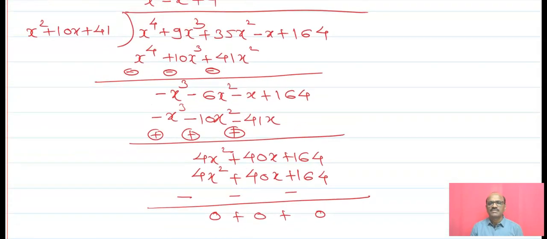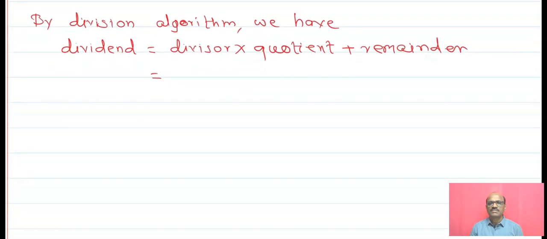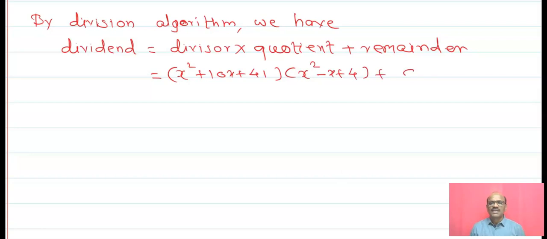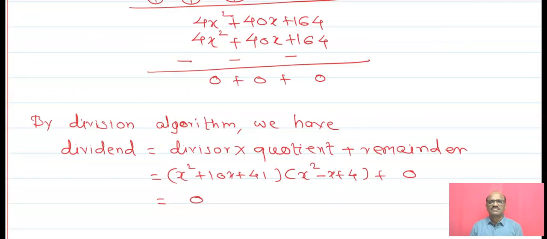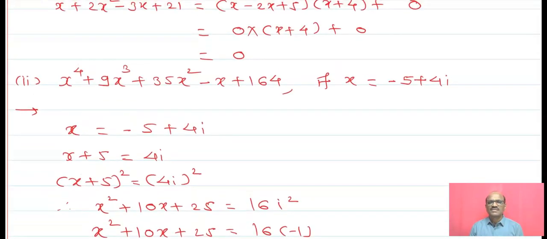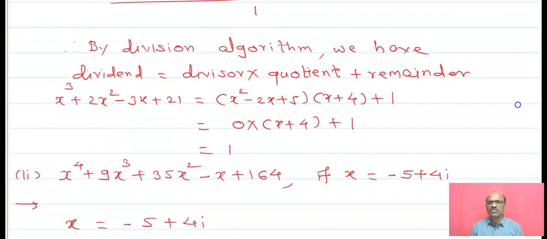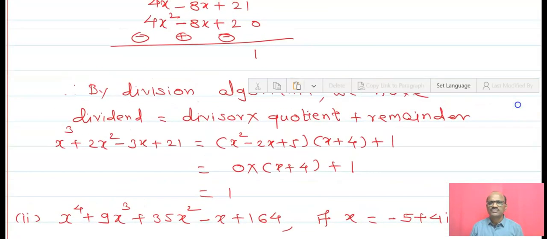Therefore x square plus 10x plus 41 into the quotient, that is x square minus x plus 4, and the remainder is 0. Therefore the value of the polynomial for x is equal to minus 5 plus 4i is 0.